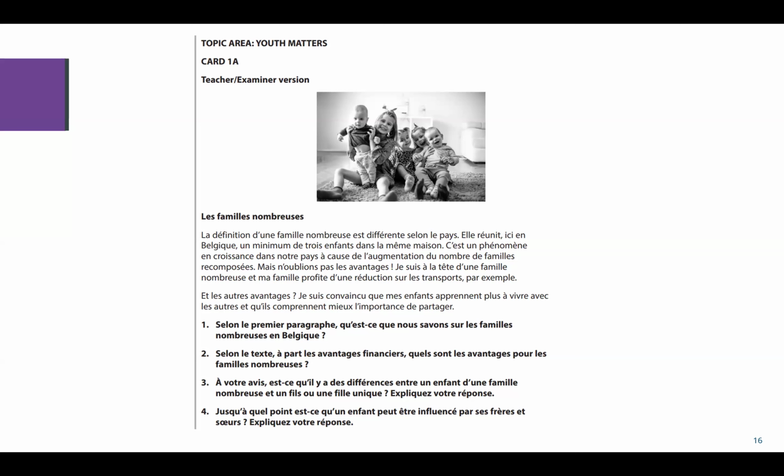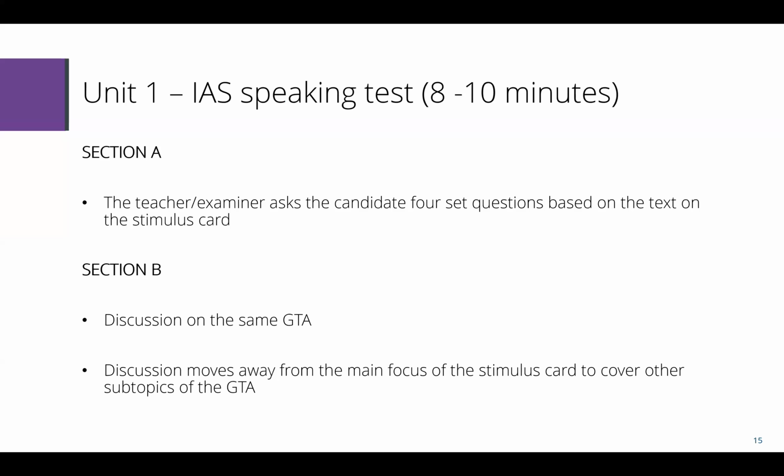It's important to make sure, though, that you don't go too long on this, because you need to have time for the conversation which comes next. So that's really the first part. I don't know if anybody's got any questions about that, but there we are.